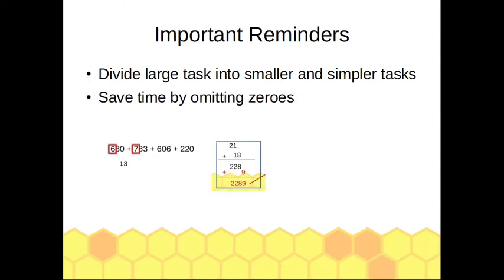Second, save time by omitting zeros. How many precious seconds will be wasted if you write zeros? The key is to practice this technique every day. Then check your answer with the calculator.